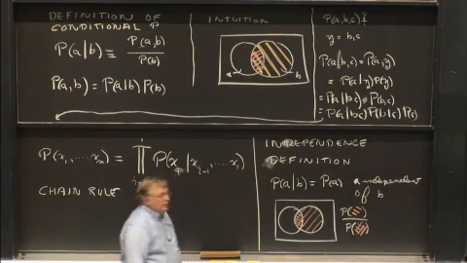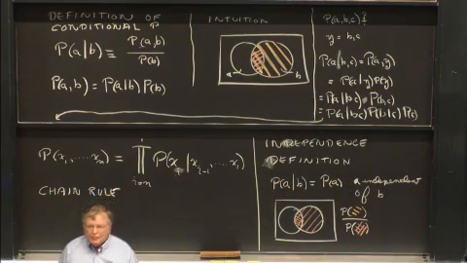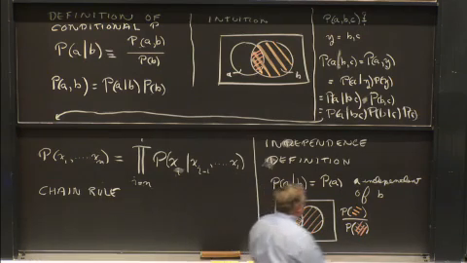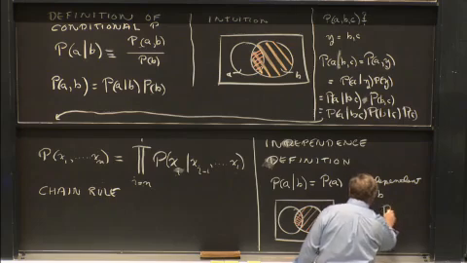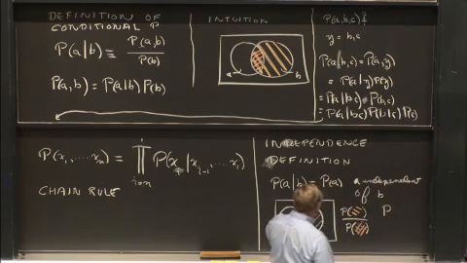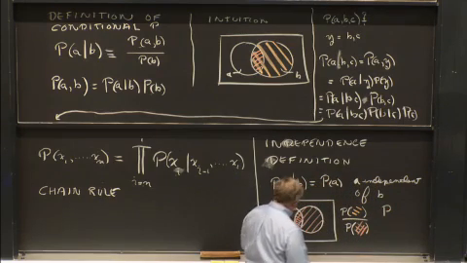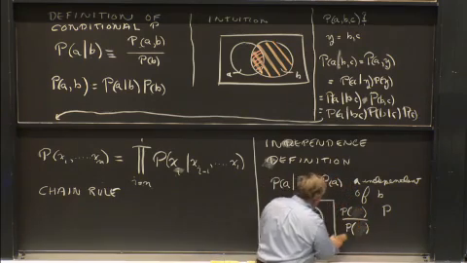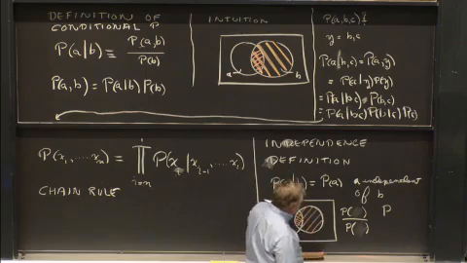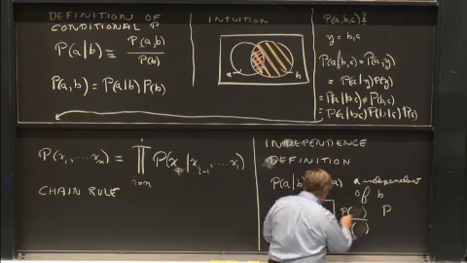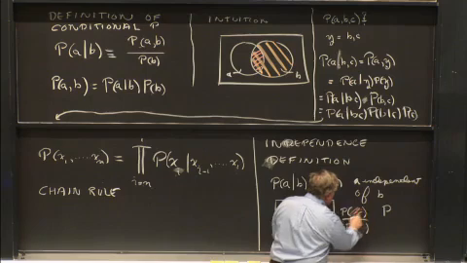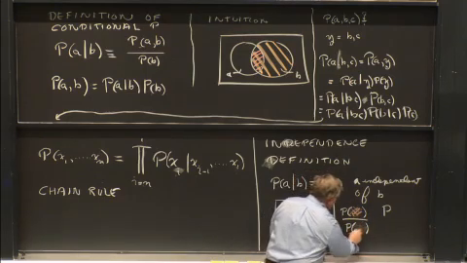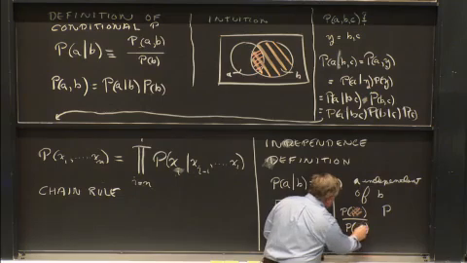So what's the probability of A in terms of these areas? Let's see if I got this right, I got this upside down. The probability of A given B is the probability of the stuff in the intersection, so that's both ways, divided by the probability of the stuff in B, which is going this way.